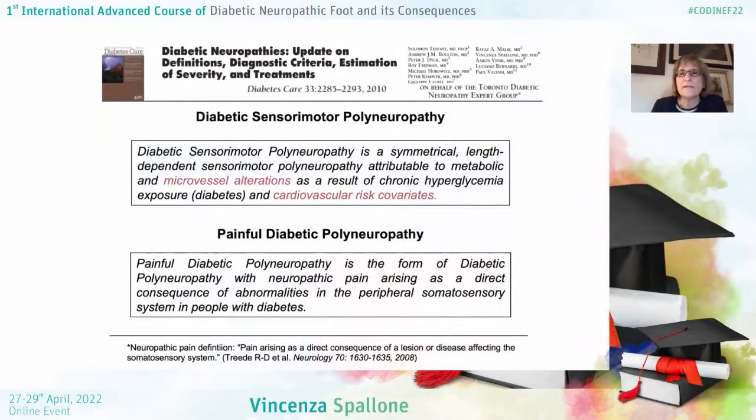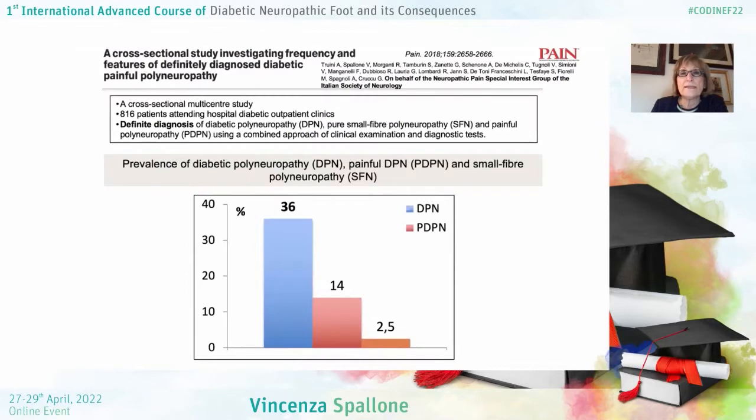Diabetic polyneuropathy is a symmetrical and length-dependent sensory-motor polyneuropathy. In this definition, there are all the characteristics of this condition, and the painful form is the form where neuropathic pain is present as a consequence of the polyneuropathy itself.